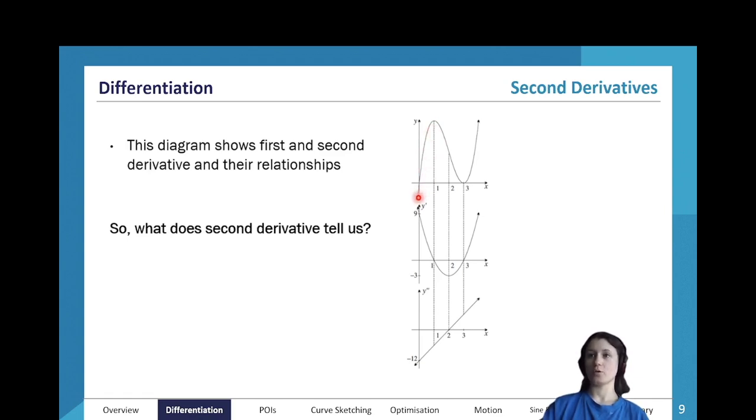So the gradient might be 1,000 here, 500 here, 100 here, and 0 here. Even though it's positive the whole way, it's actually going down. Now let's have a look across this side.